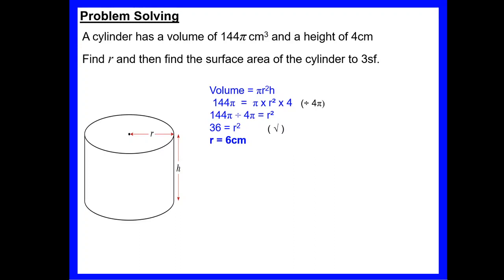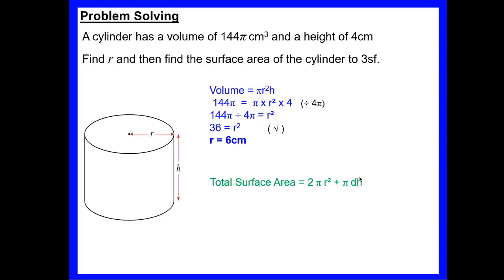Okay, so now we were asked to find the surface area of the cylinder to 3 significant figures. For surface area, we've got our 2 pi r squared for the top and bottom, and pi d times h for the curved part. So we've got our formula. Again, we're going to put in our values. We now know our radius is 6. If our radius is 6, our diameter here must be 12.